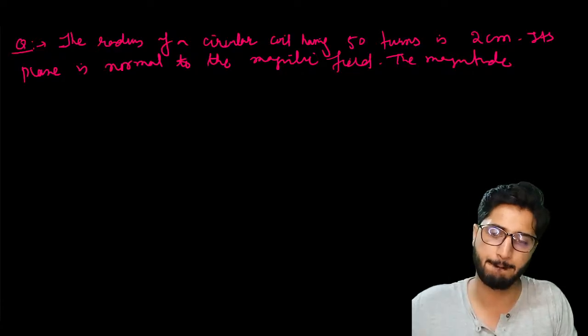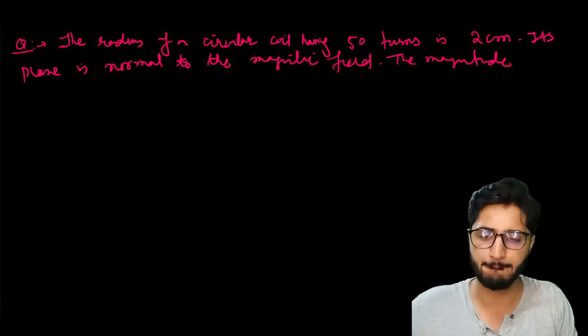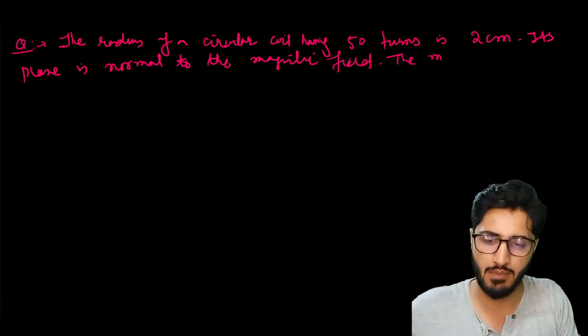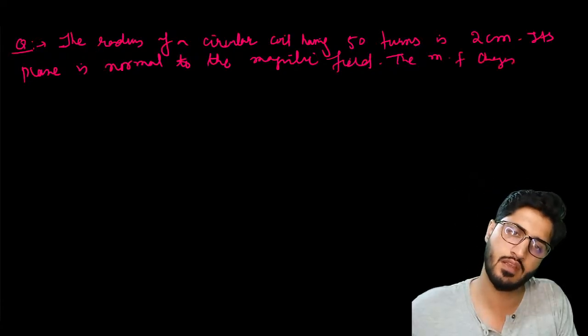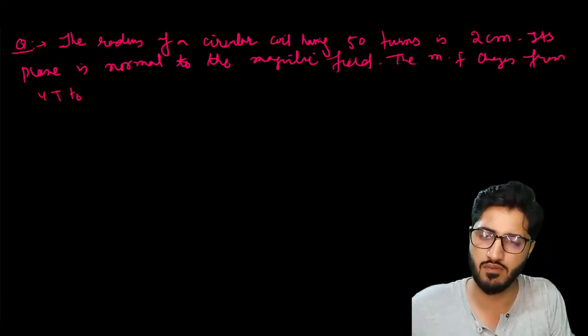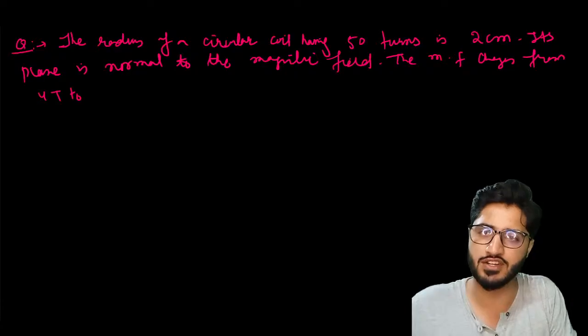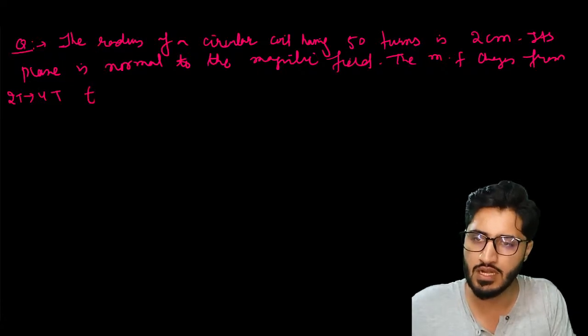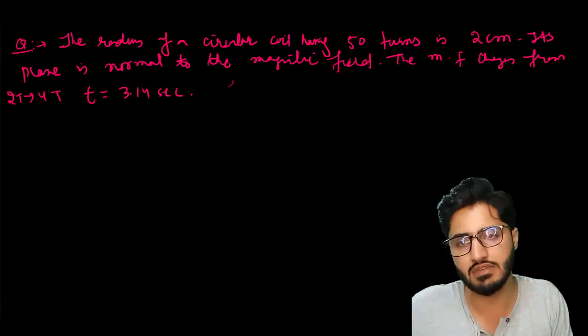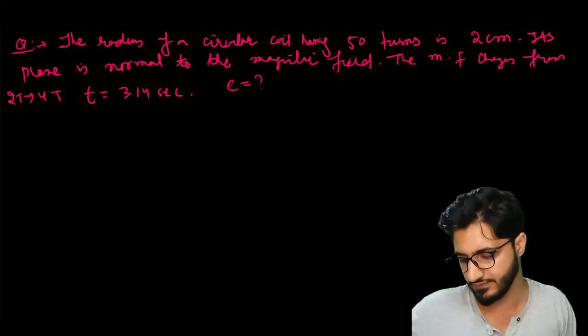Let's suppose the magnetic field changes from 2 Tesla to 4 Tesla. Let's increase it, not decrease. Time is given as 3.14 seconds. So find the E.